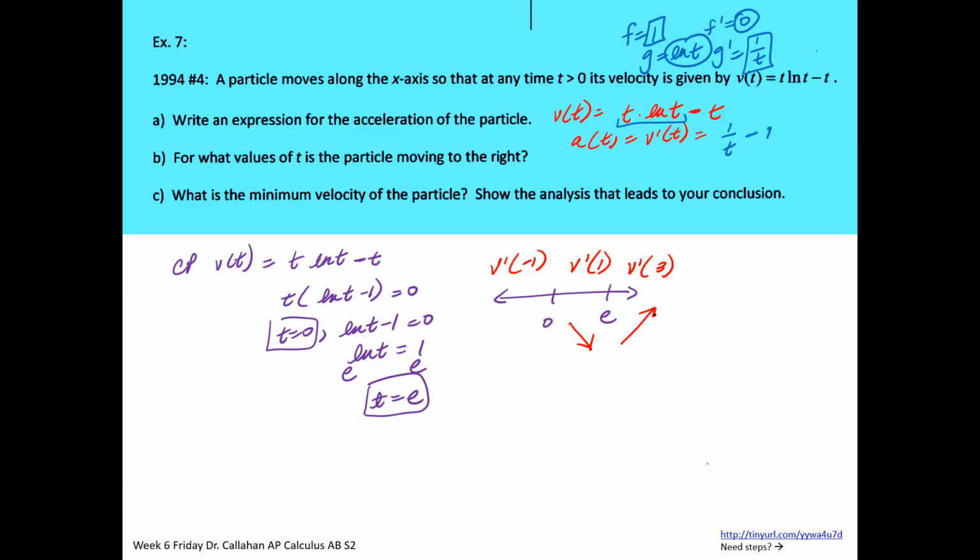After e, it's going to be a positive. And so what you can say here is that the particle is moving right from e to positive infinity because v prime of t is greater than 0.